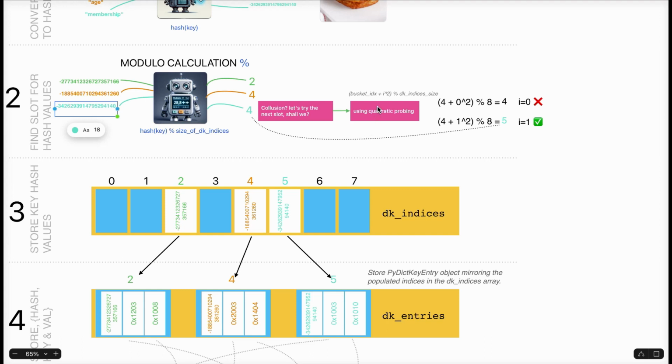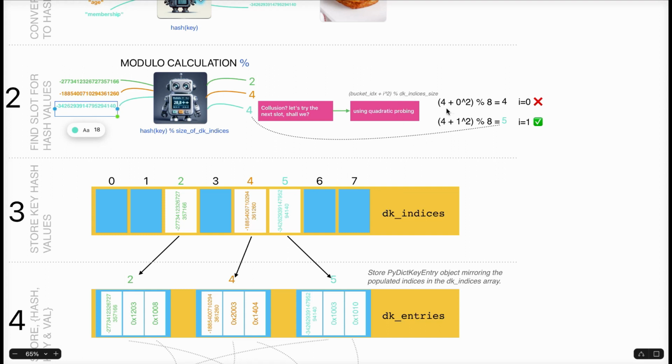And then we square that, and then we take the modulo of that against the index size, the DK indices size. That is so that we don't go over the number of indices that we have in our array. Without this, we will be hitting numbers that are not even in our array. So in order to avoid that, we have to take the modulo of that.